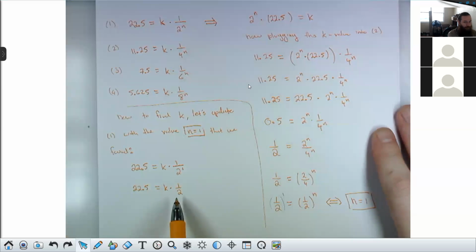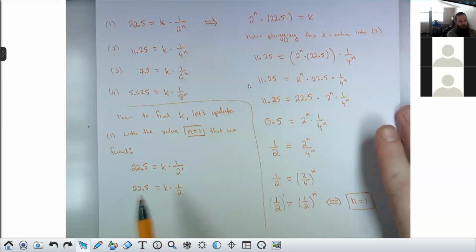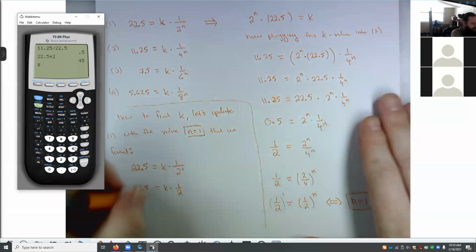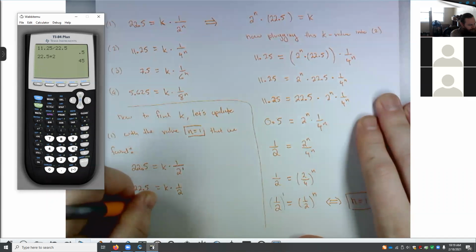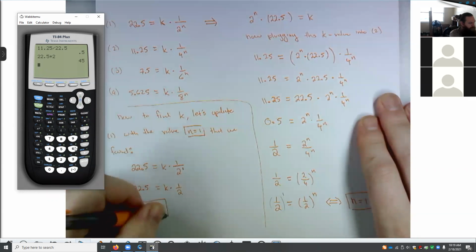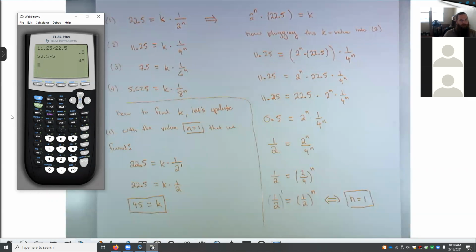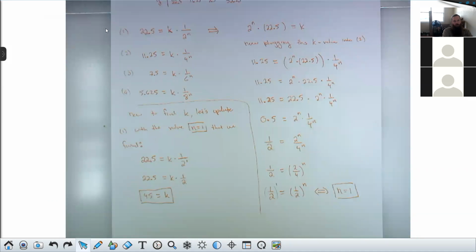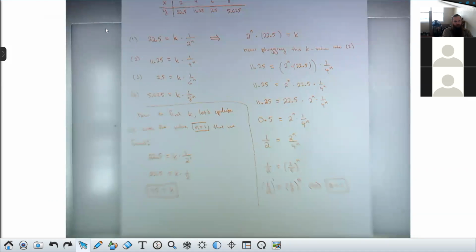And then to get rid of the 1/2, I just multiply both sides by 2. So we can be careful with our arithmetic, it never hurts. 45. And that does it. Now we know both k and n. Is this making sense?